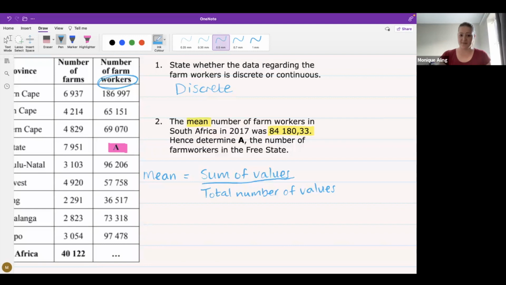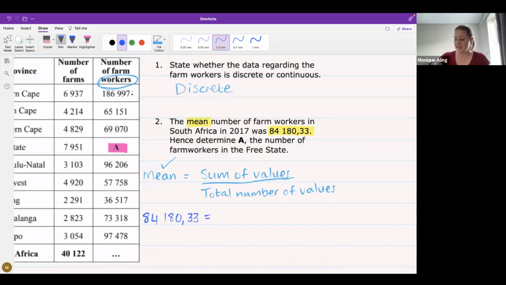All right. So now I've got my formula. I technically do have the mean already, right? Okay, so I'm going to substitute the mean into the formula. It is 84,180,33 is equal to.